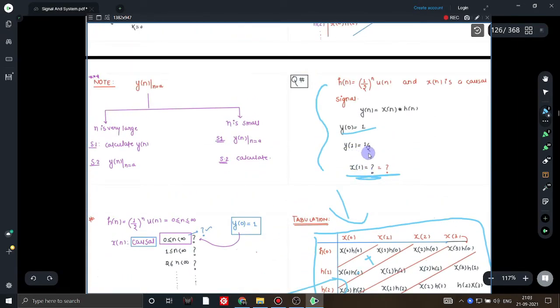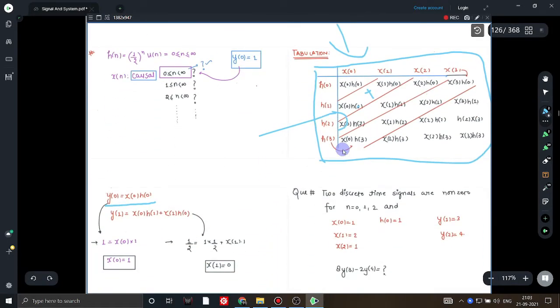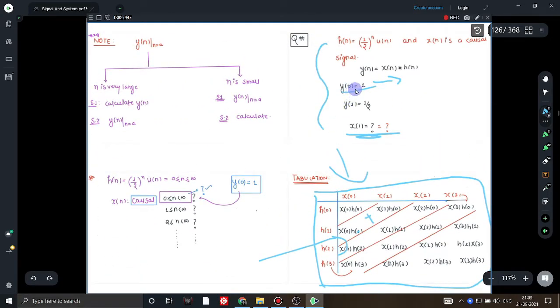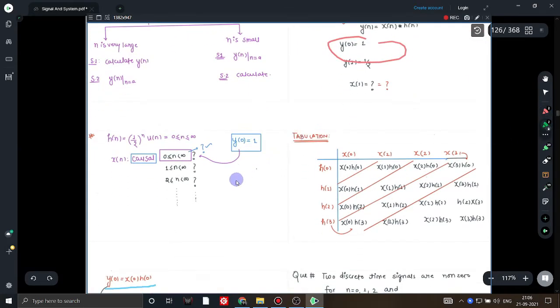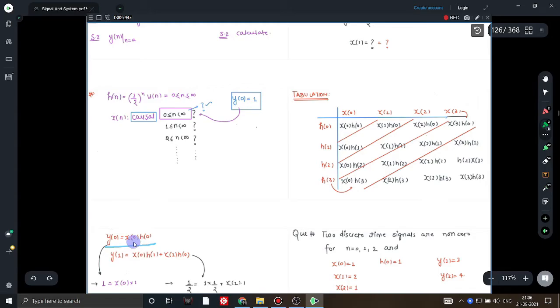So y0 is equal to 1. As we know, we have been given the value of y0, and y0 is x0 into h0, so the y0 value is 1.